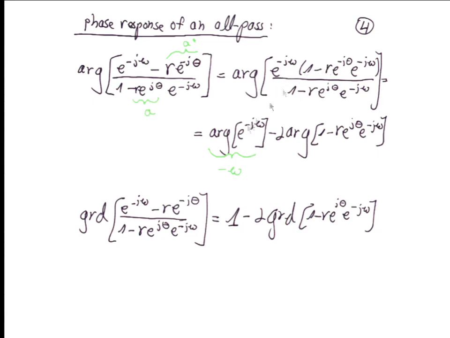This is multiplying this, so I can take it out. The argument of this is really minus ω. And then I'm going to take minus twice the argument of this. Why? Because these are exactly the same, except that this is negative and this is positive. But when I look at the phase of this, it's negative minus positive, so you get twice that value.